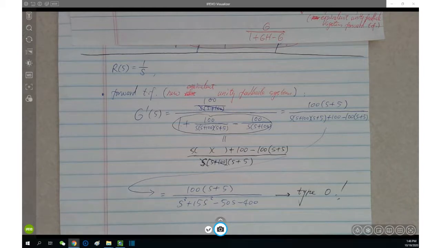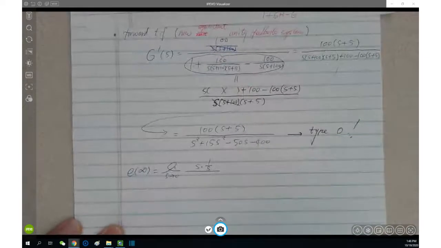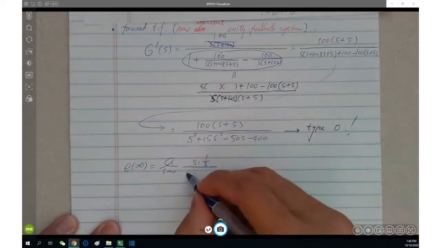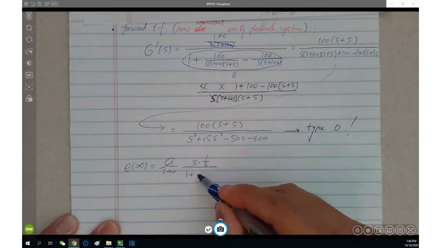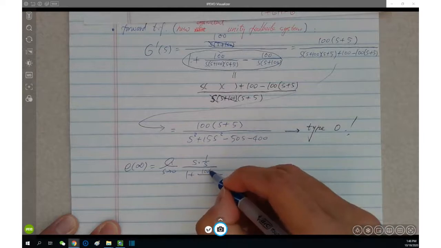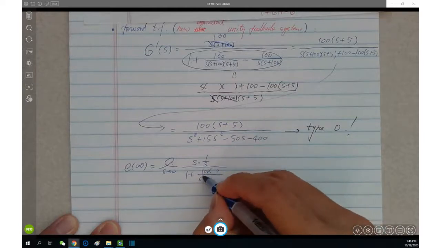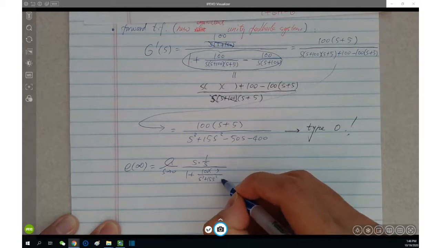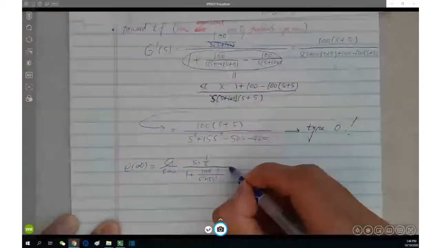And then what do you need to do? Steady state error, once again, we just review it. Numerator is s times the input, which is 1 over s. Denominator is 1 plus this new guy, 100 times s plus 5 over the polynomial.